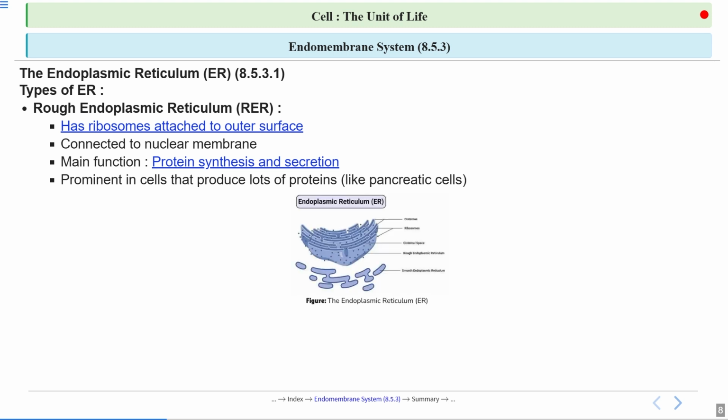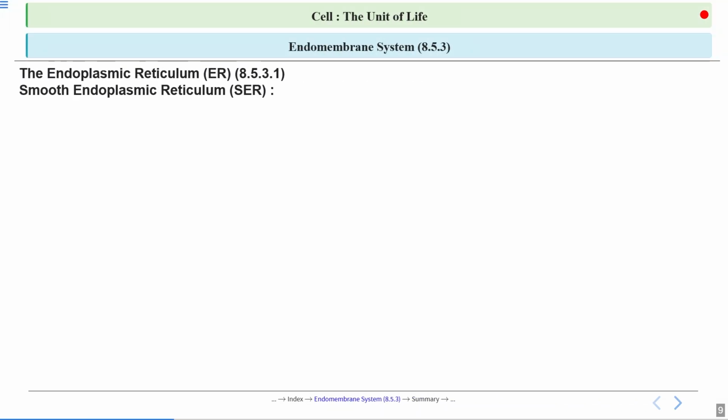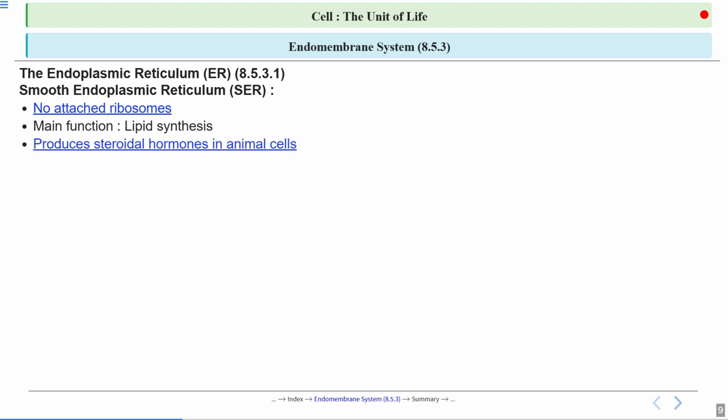Now, next, this image we have discussed, this is the endoplasmic reticulum. Now, next is smooth endoplasmic reticulum. It doesn't consist of ribosomes. So, what will be the function of smooth endoplasmic reticulum? The function is lipid synthesis. This is the main function. They perform other functions also, but here we are talking about the main function.